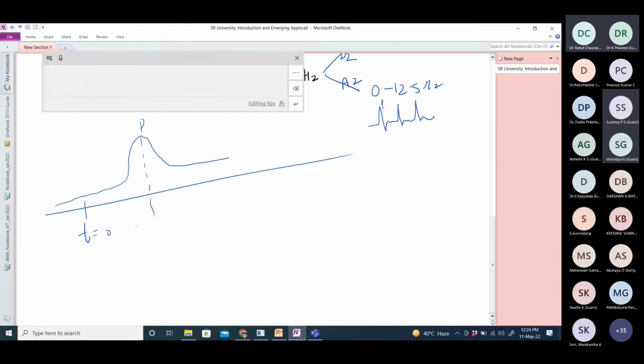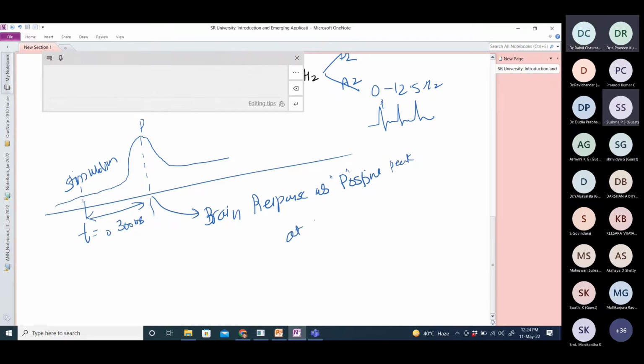It appears 300 milliseconds after the stimulation. This is called the stimulation: I am stimulating the subject, and this is your brain response. P stands for positive peak at 300 milliseconds, so this is called the P300 response.